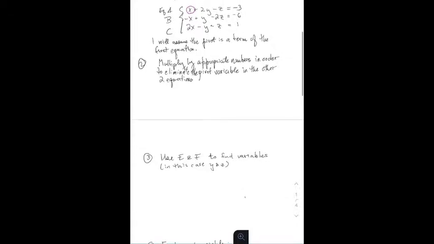So in this case, for instance, to eliminate the x in the second equation, we can add A and B. So that is x plus 2y minus z equals -3, plus the second equation.